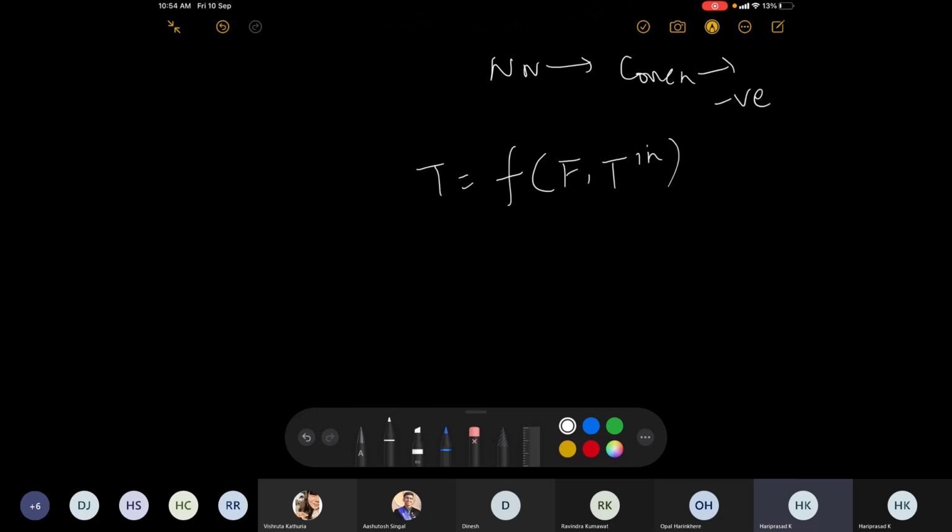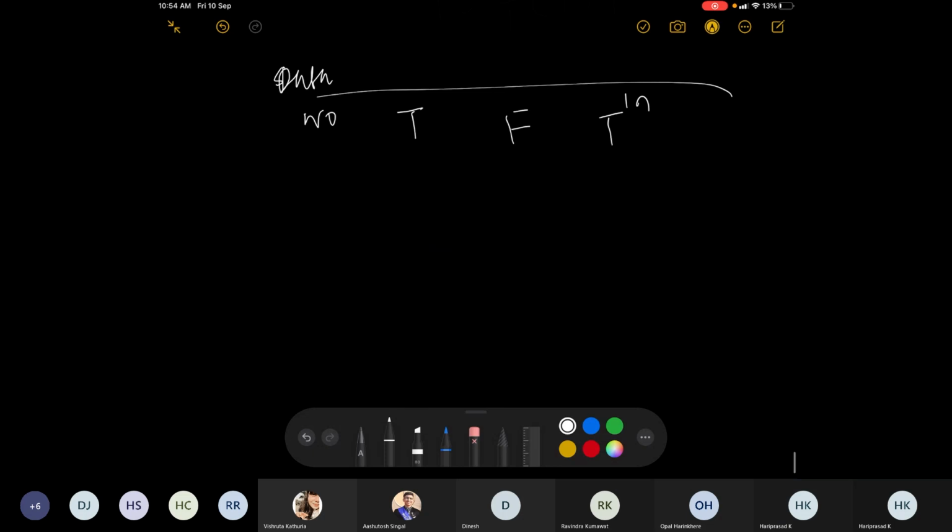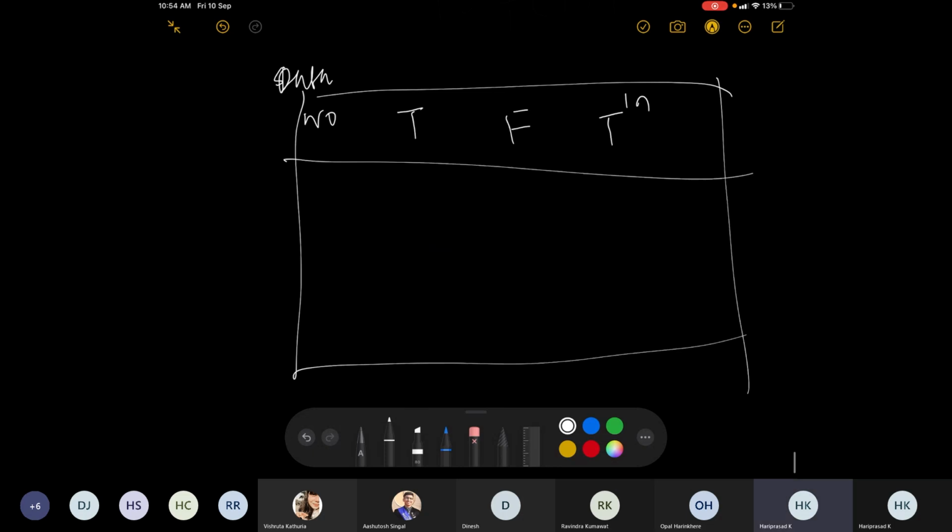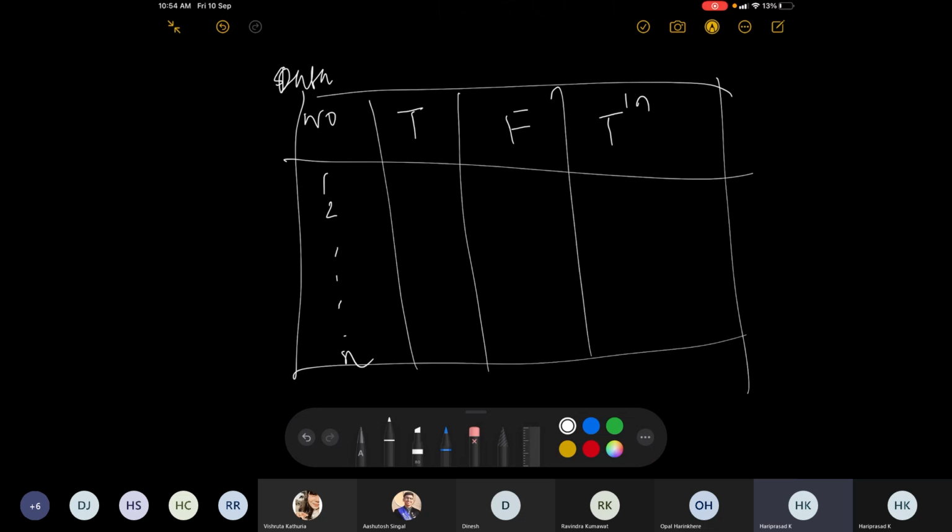You have kept sensors here and you know this data. You have the data sample by sample, with serial number, temperature, flow rate, temperature inlet. You have this big data table available, maybe a million samples, who knows? You have this data in tabular form.